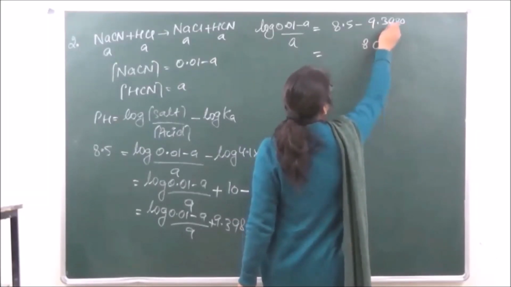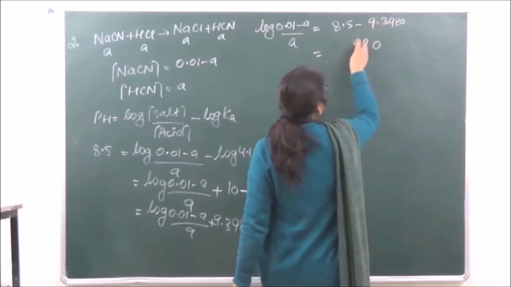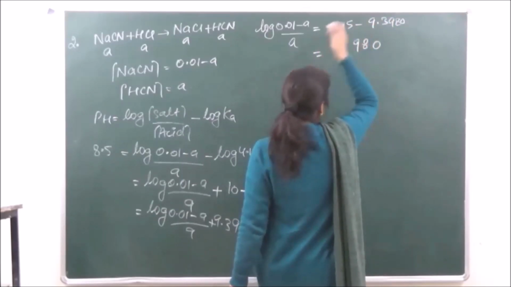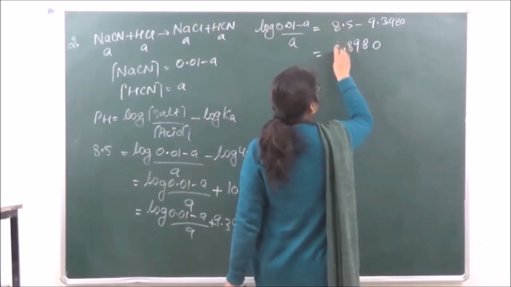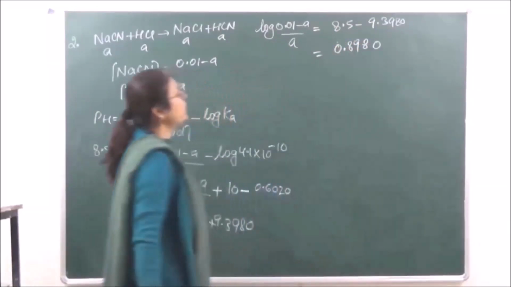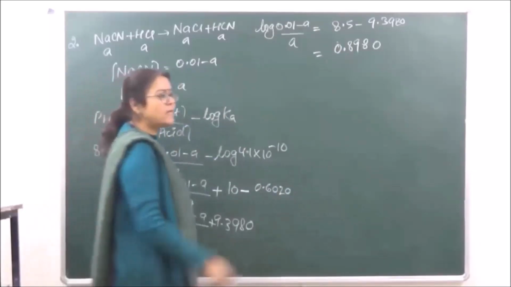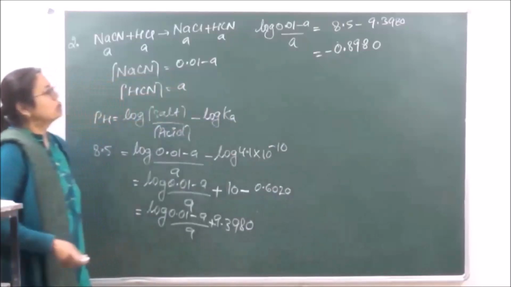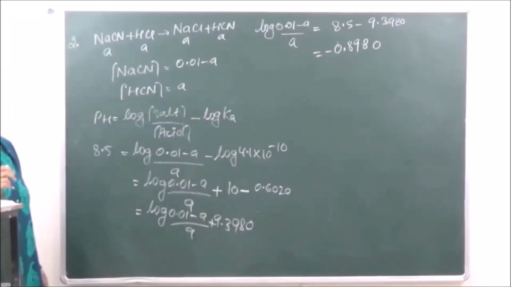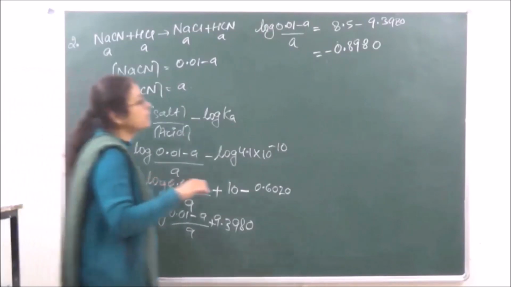So this is going to come as 9.8 and 9 minus 5 is 8, and 0.8980 minus. Is this going to be the value? Okay, so minus 0.8980. Let's do the calculation once again.